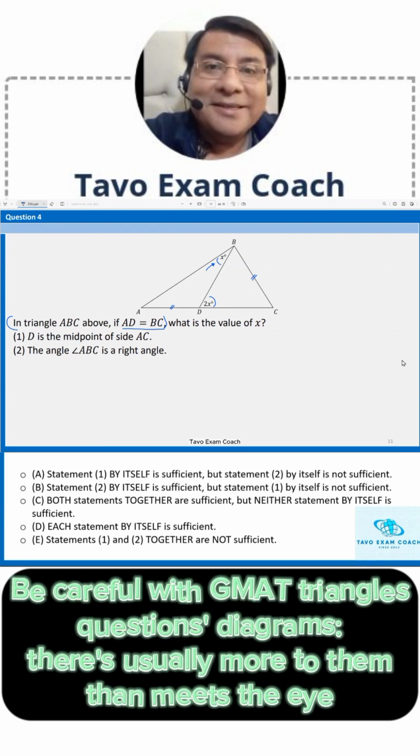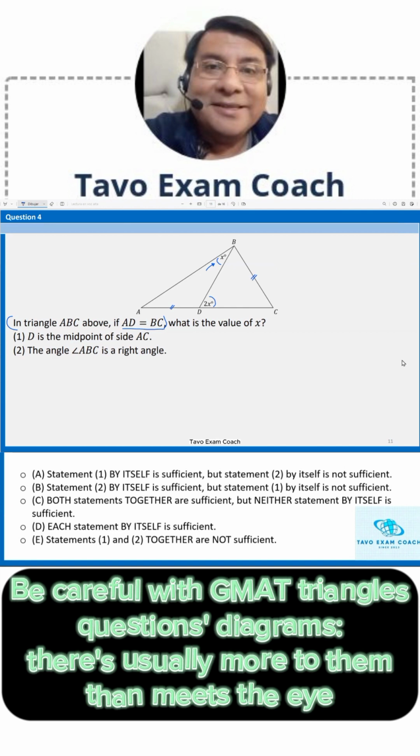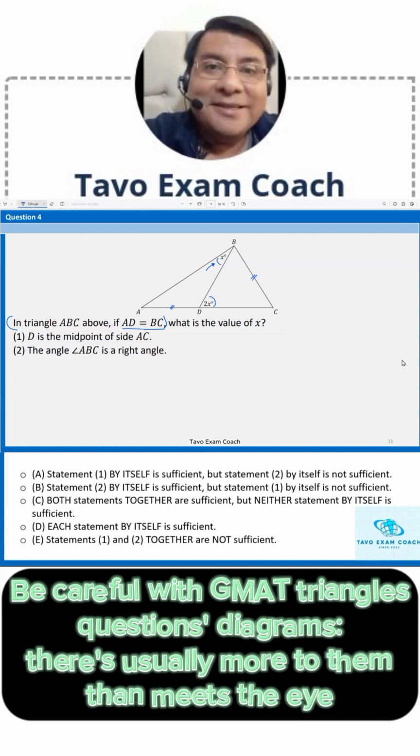Not at all. You need to consider that using properties of triangles, you might be able to see deeper inside this diagram, and so conclude that there are some other facts that you can use together with statements 1 and 2 perhaps. What other information exists here that is not apparent to the eye?